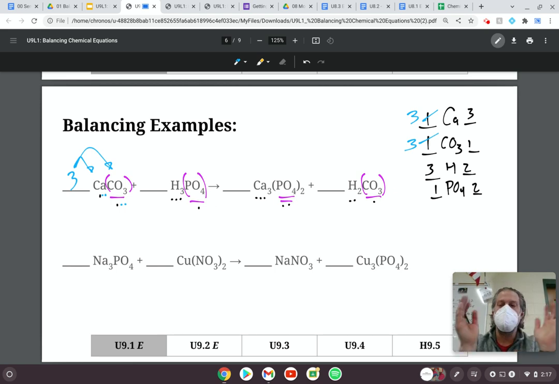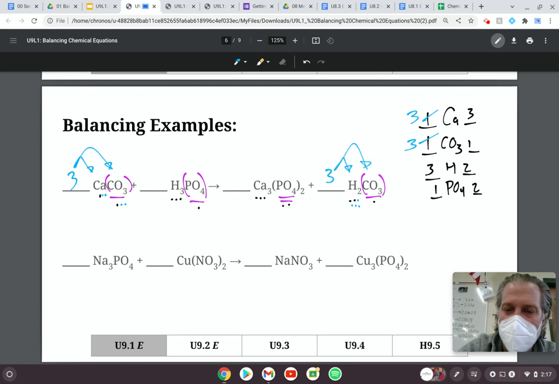Going from left to right, my calciums are still balanced, but my carbonates appear to not be. So I'm going to try to balance my carbonates. I have 3 on the left side, 1 on the right side. So I'm going to add a coefficient of 3 here, which will give me 6 hydrogens, but 3 carbonates.